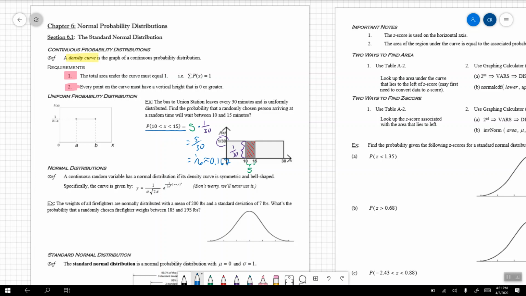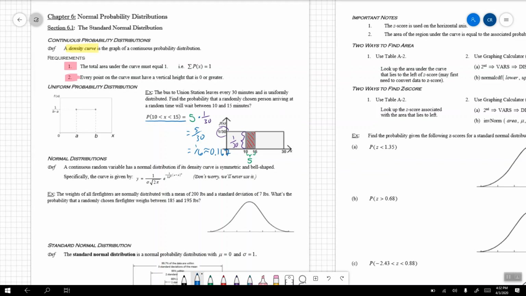So in other words, we can interpret this to say that a random passenger or a random person arriving at that bus stop will wait between 10 and 15 minutes with probability about 16.7%. All right. Now this again only works if we have a uniform probability distribution.